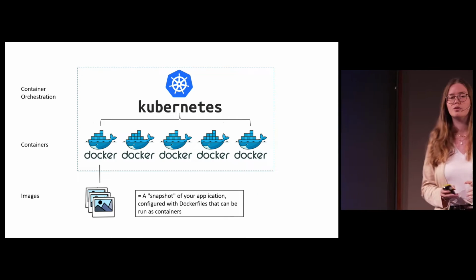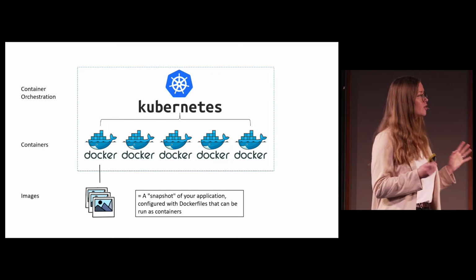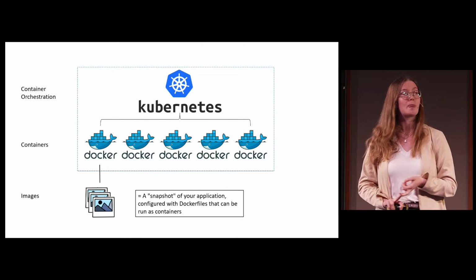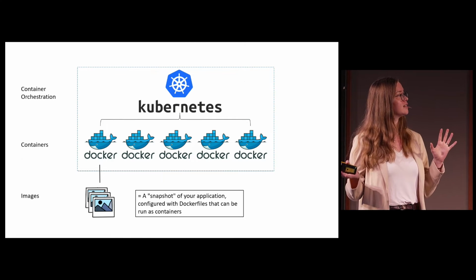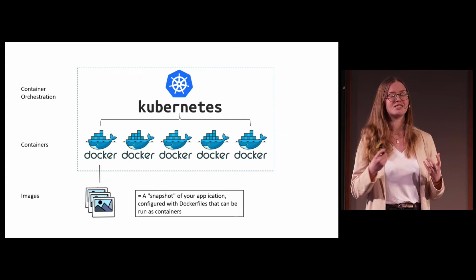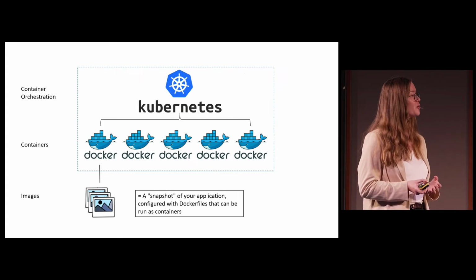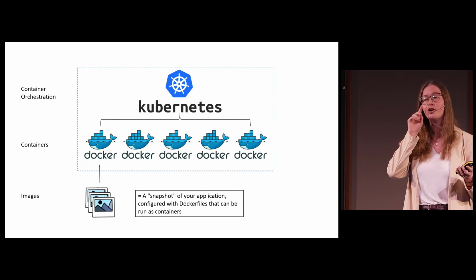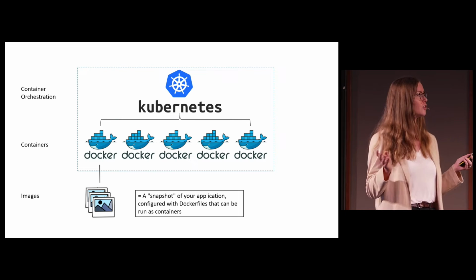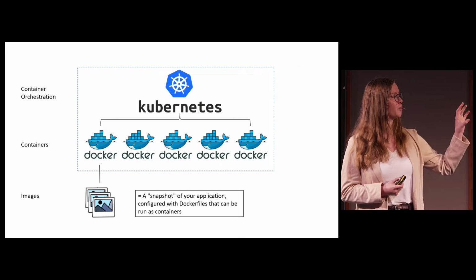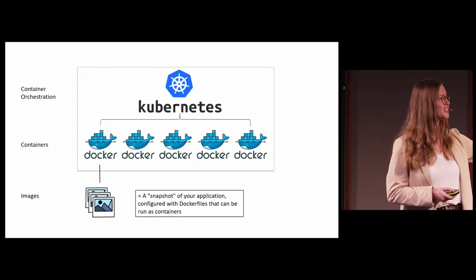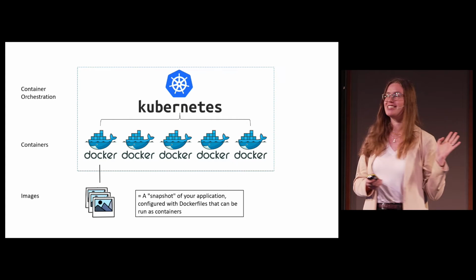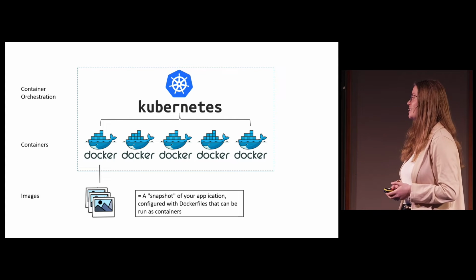For those of you who are new to Kubernetes and Docker, it all is about containers. We had some great talks earlier about Docker and Docker images, so you might have understood already what images and containers are, but it doesn't hurt to repeat it.